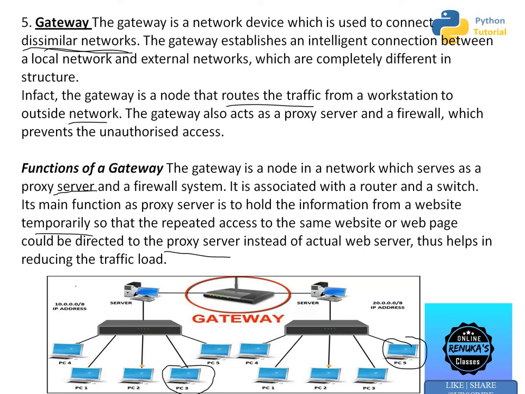So this helps in reducing the traffic load. We can compare it to a buffer. Whatever are the frequent requests of the users, they are directed to the proxy server. So if there is a request again, it is served from the proxy server, not from the actual server. So this can reduce the traffic load on the actual server.